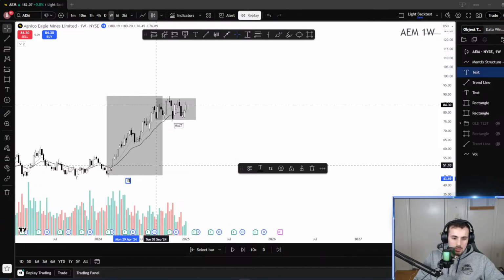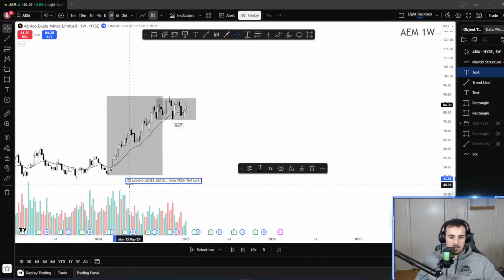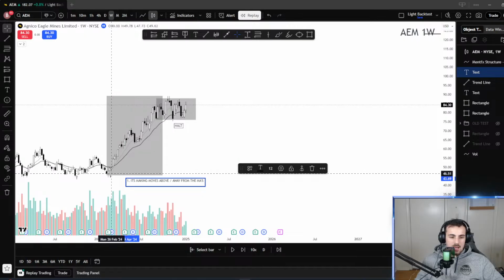One, it's making moves above and away from the moving averages. Okay, so that's the first thing you want to recognize. The second thing you're going to want to recognize is that the impulses of buying are much longer, or they happen longer than the selling.